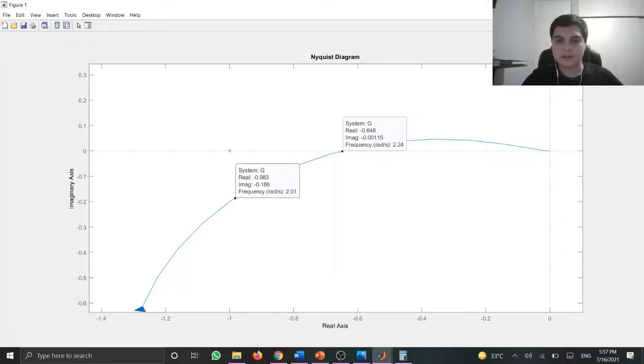Now we're going to find these margin values in the Nyquist diagram. First, we're going to find the gain margin. We see what the magnitude value is at -180 degrees. Here we have that -180 degrees will be on the real axis, so the magnitude will be 0.648.